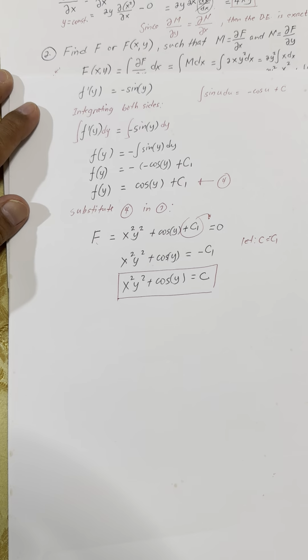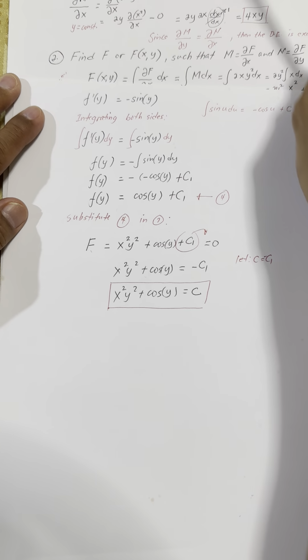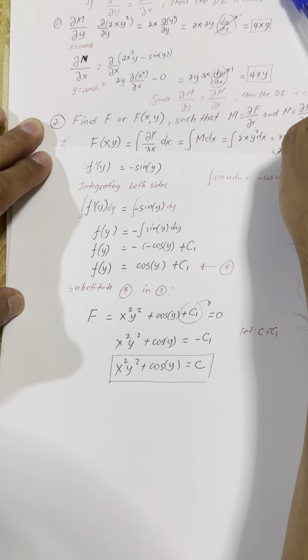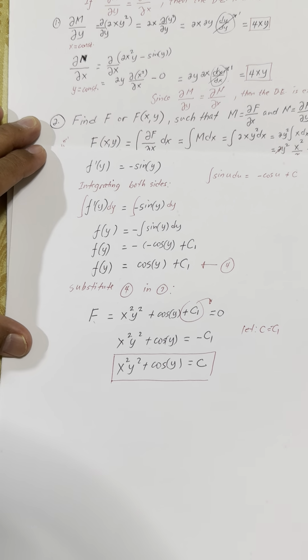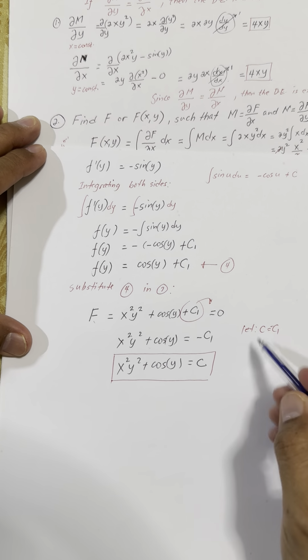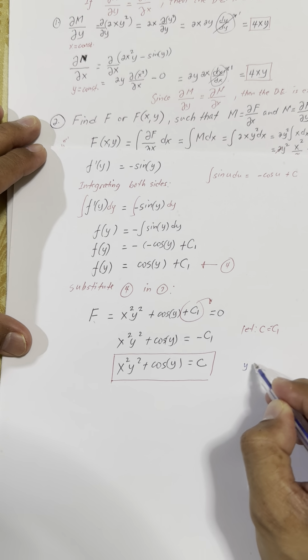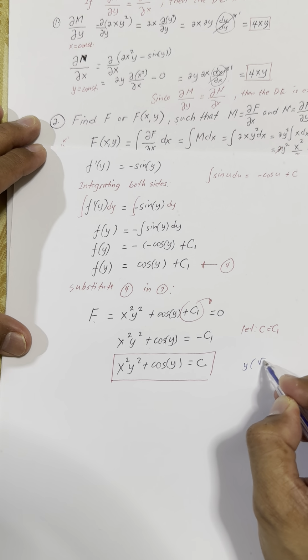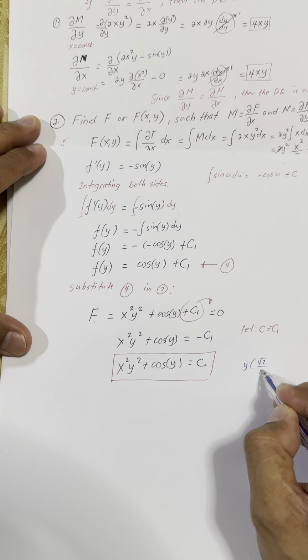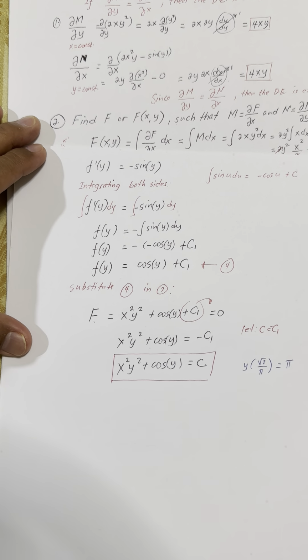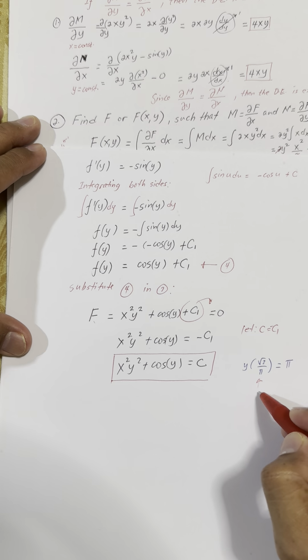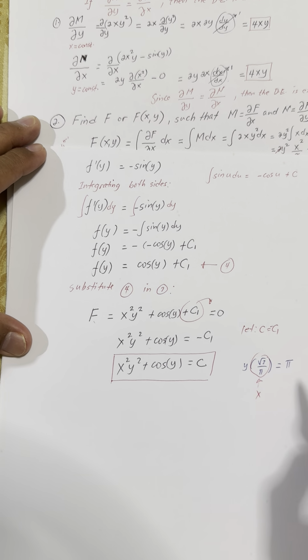Okay, so assuming now we are given this initial condition, let's put it here that we have y of square root of 2 over pi equal to pi. So as I mentioned a while ago, this value is our x, and this value is our y.